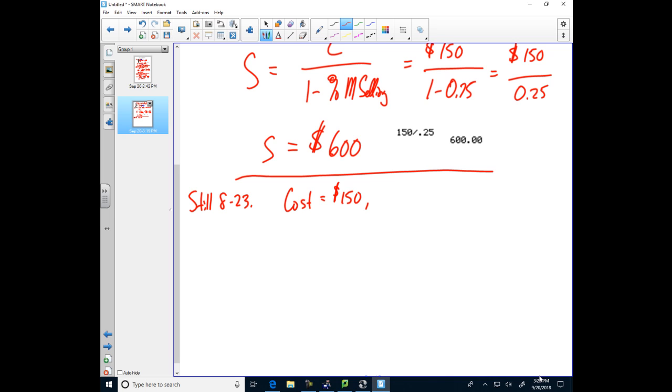Okay. What else do we know? Well, the assumption is here we're going to do, it says 75%, doesn't it? Yeah. So 75% markup based on cost. Turn that into a decimal and you're going to get that. So we're looking for what?